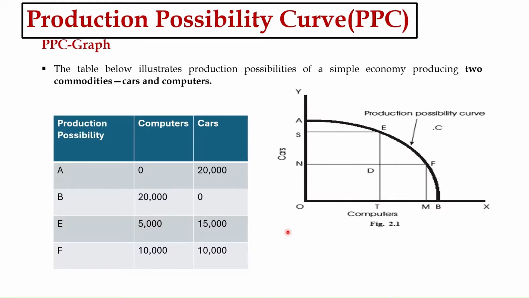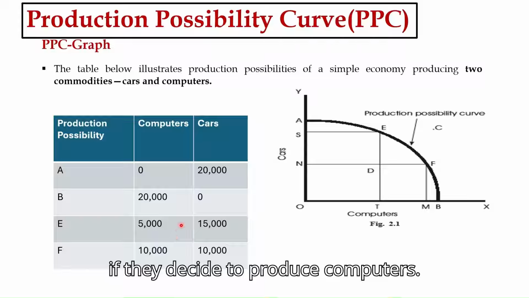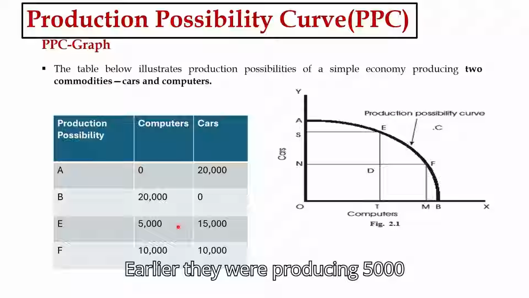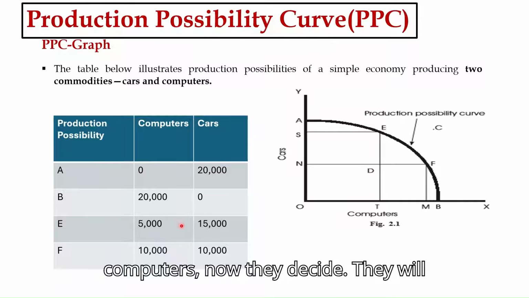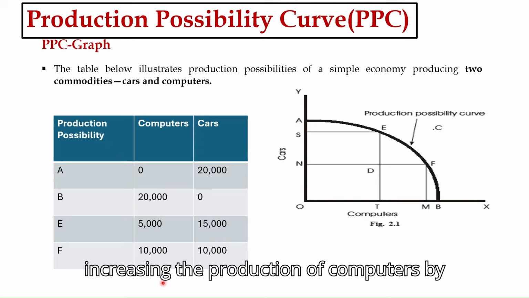The fourth combination is F. Here we can see if an economy decides to produce more computers, earlier they were producing 5,000 computers, now they decide to make 10,000 computers, increasing the production of computers by 5,000.